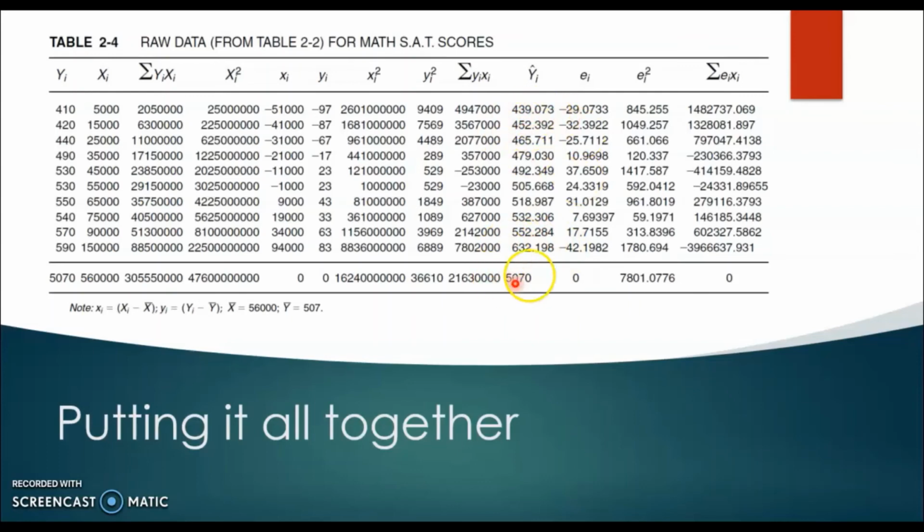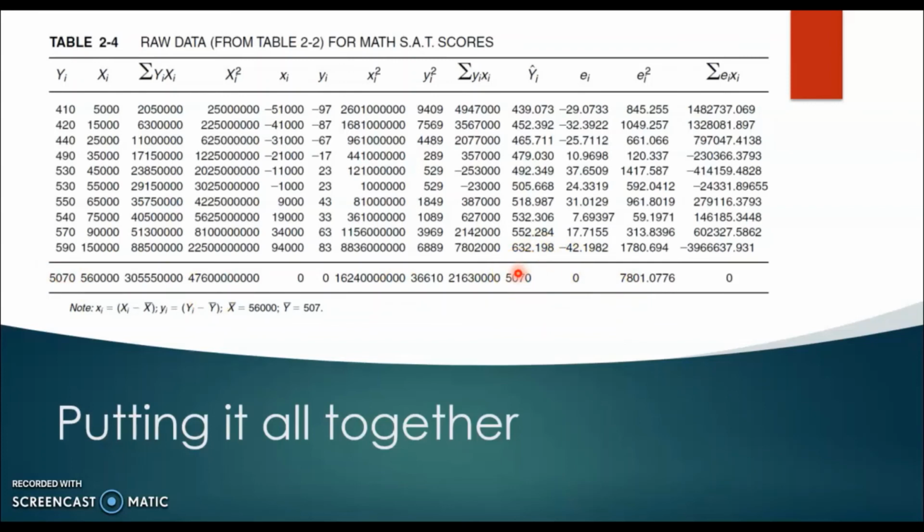If we find the summation of this predicted value for y, you will get 5070. And here you can notice that this figure is almost the same as the figure that we obtained from our observation based on the sample. So 5070 as well.